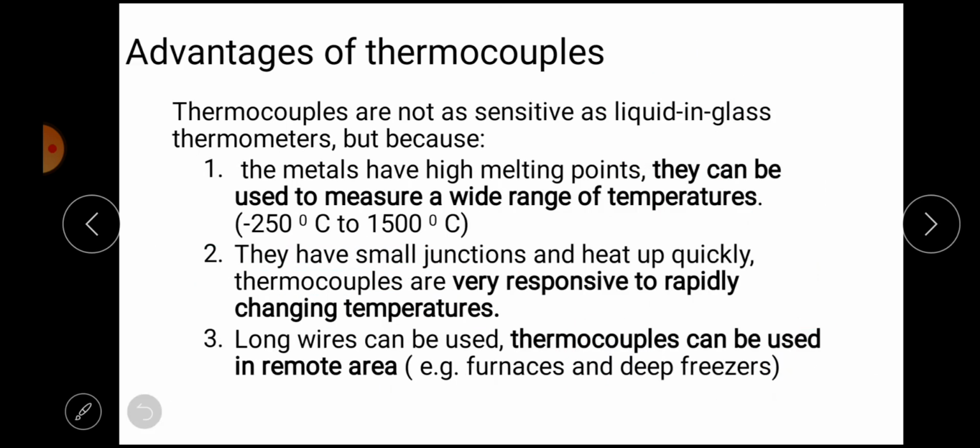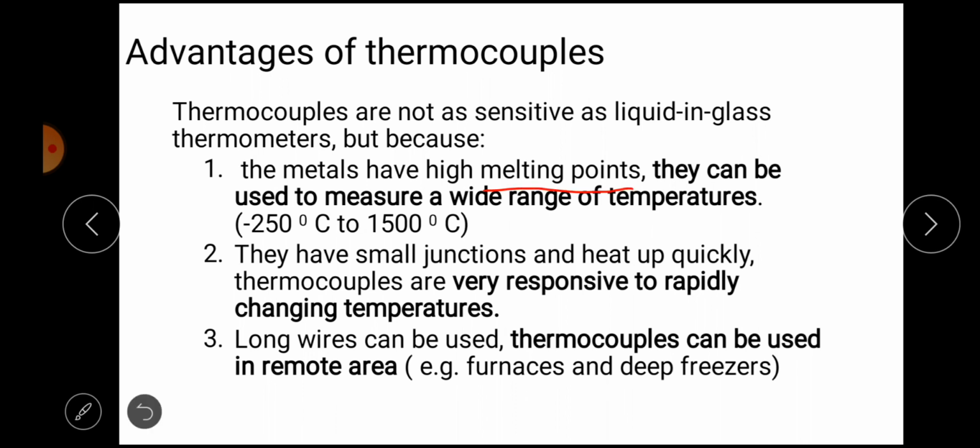An advantage of a thermocouple is that, although thermocouples are not as sensitive as a liquid in glass thermometer, because the metals have a high melting point, they can be used to measure a wide range of temperatures.